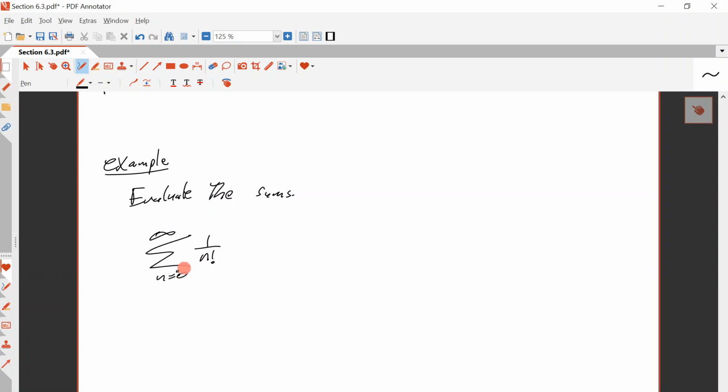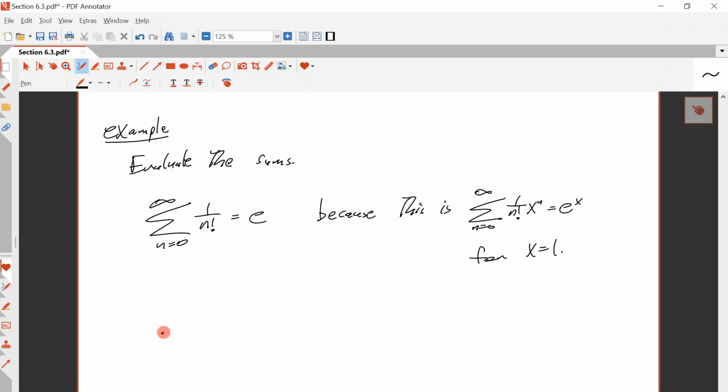Well, this is equal to e, because this is the sum n equals 0 to infinity of 1 over n factorial x to the n, equal to e to the x for x equal to 1. How about the alternating one?